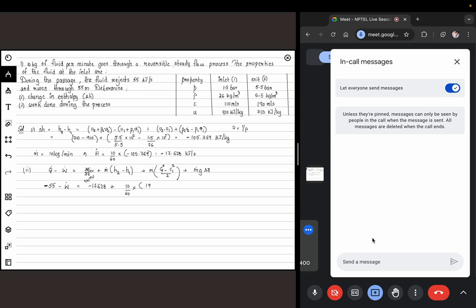Then C2 square minus C1 square, and this will be in joule per second, so I just want it in kilojoule, so I'm dividing it by 1000, plus. Let's just take the value of g to be 10 and delta Z is 55. Again, this will be in joule per second, so I'm converting it to kilojoule per second.